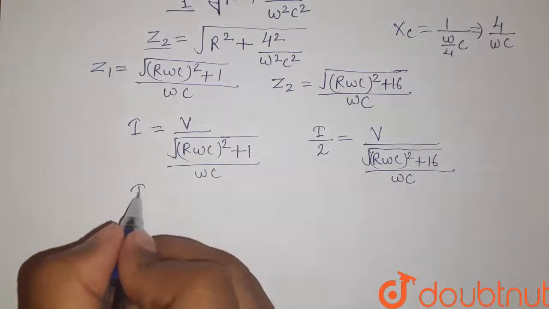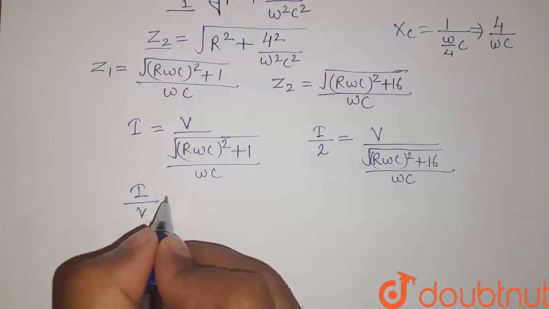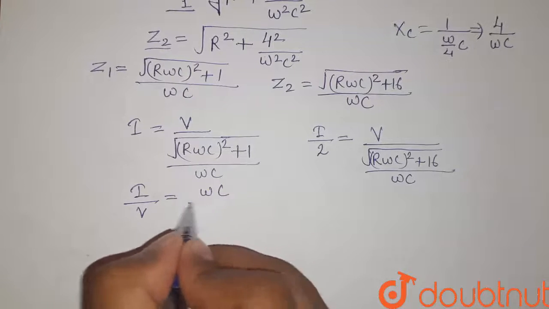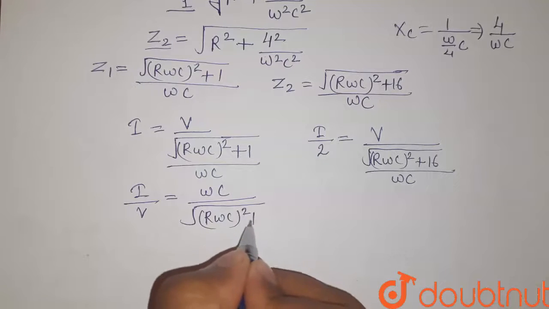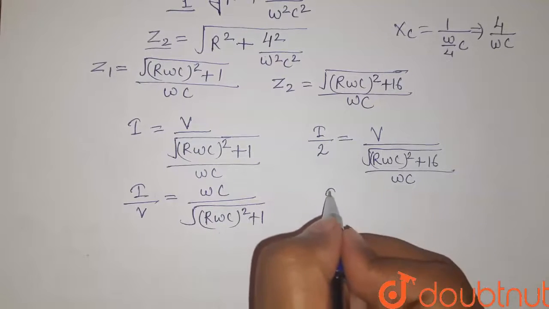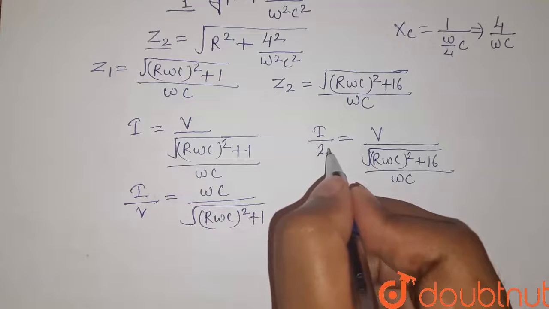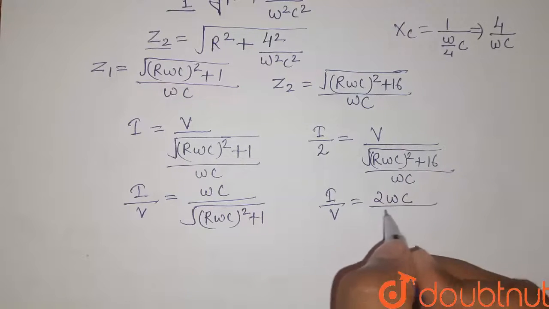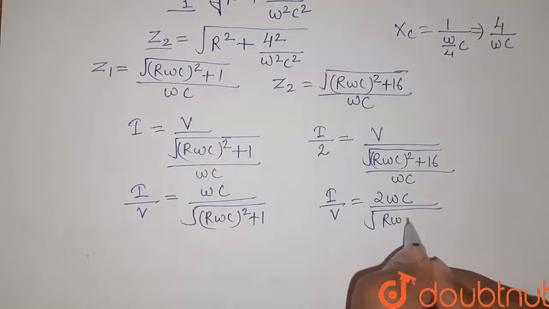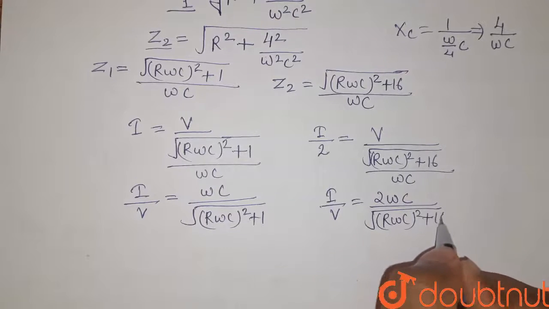Here we can write I upon V equals omega C upon the square root of (R omega C) square plus 1. And for the second case, I upon V, the 2 will multiply here, so it will be 2 omega C divided by the square root of (R omega C) square plus 16.